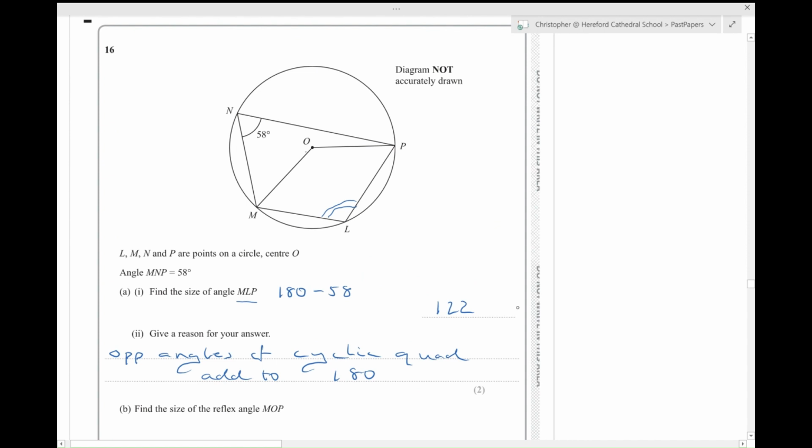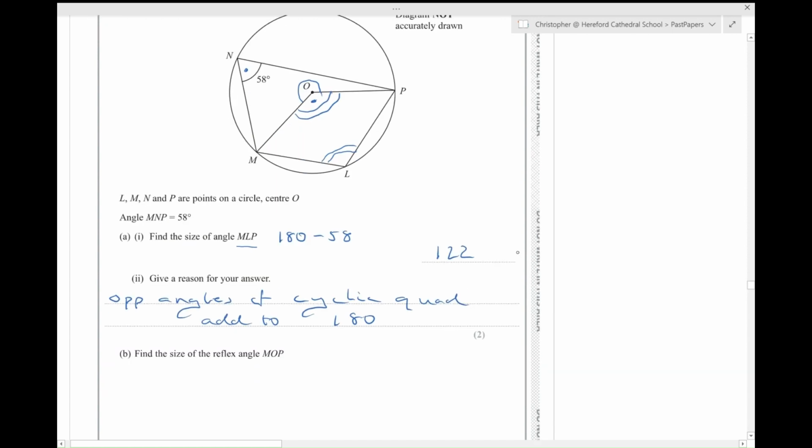Find the size of the reflex angle MOP. What's the reflex angle? I'm going to do that by finding this angle first, because I know that the angle at the centre here is double the angle on the circumference. So that angle MOP here is going to be double 58, 116.